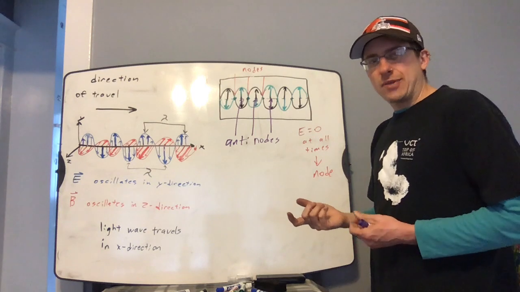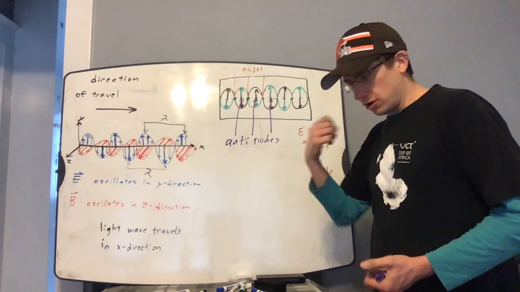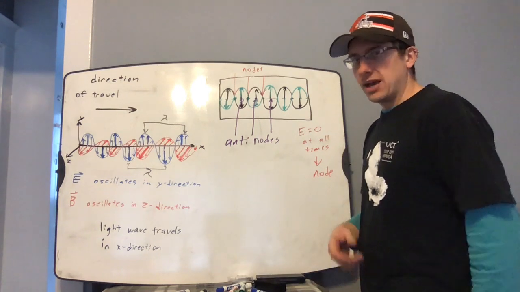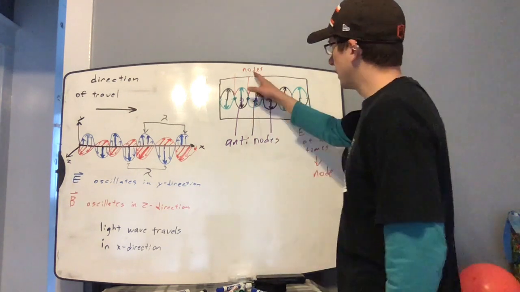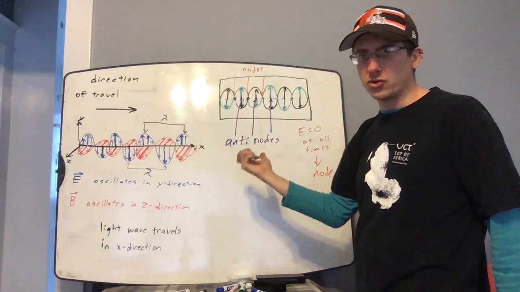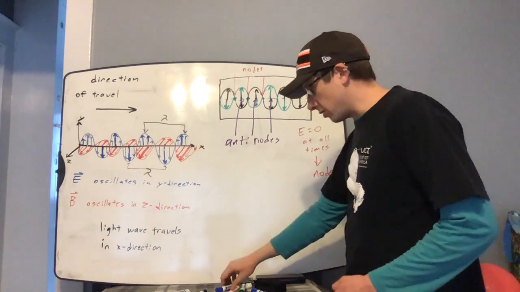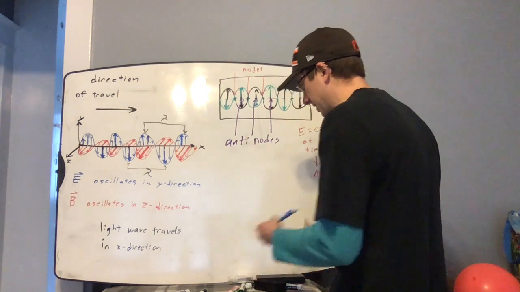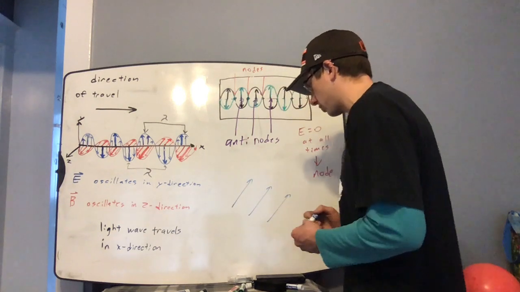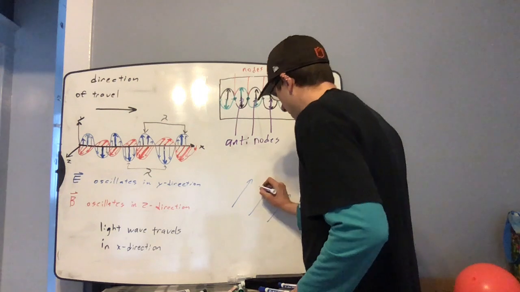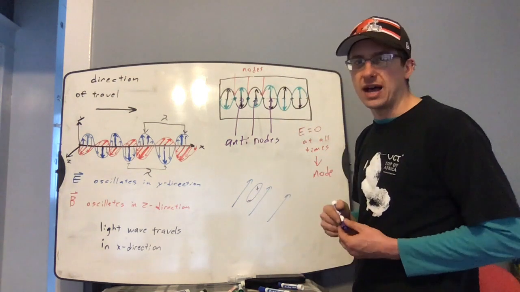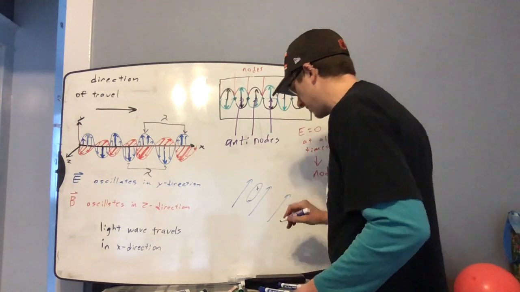Now, let's think about what water will do if it's at a node or at an antinode. If water is located at a node, then the water doesn't really see any electric field, so the water won't do anything. But if a water molecule is located at an antinode, the water molecule is going to see a really strong electric field. And because the electric field is so strong, the water molecule is going to try to align with the direction of the electric field.